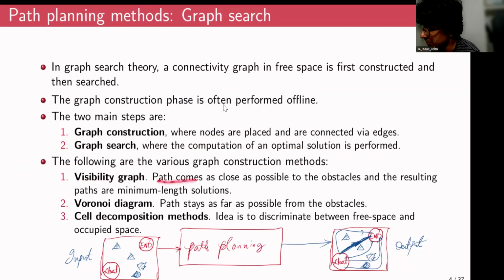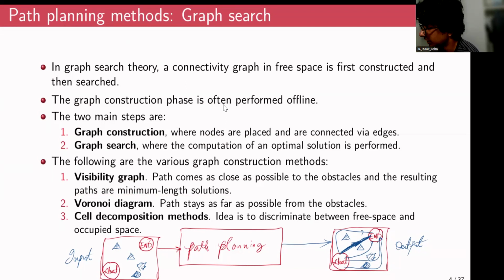Where the path comes as close as possible to the obstacles, resulting in paths that are minimum length solutions. Right, so these paths force the robot to be as close as possible to the obstacles, and that makes the paths inherently minimal length solutions, right?